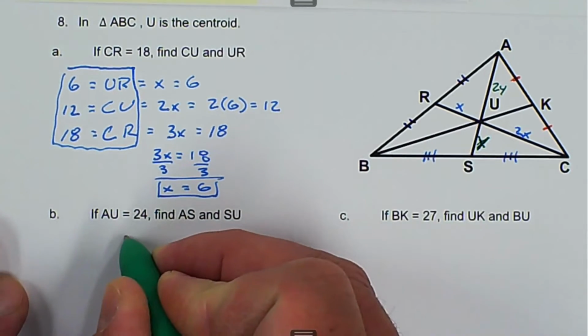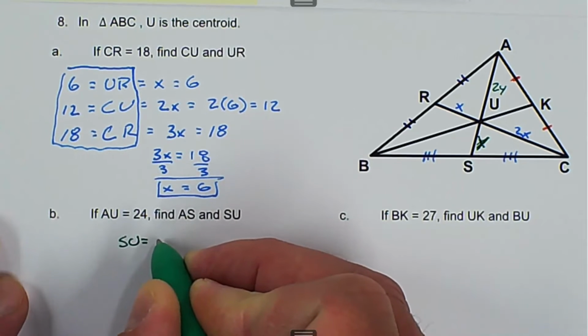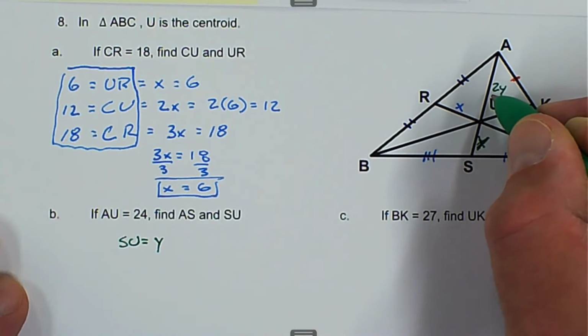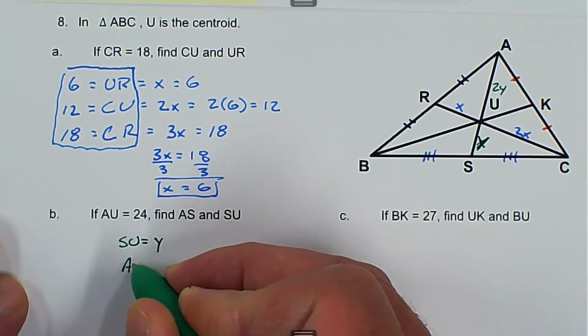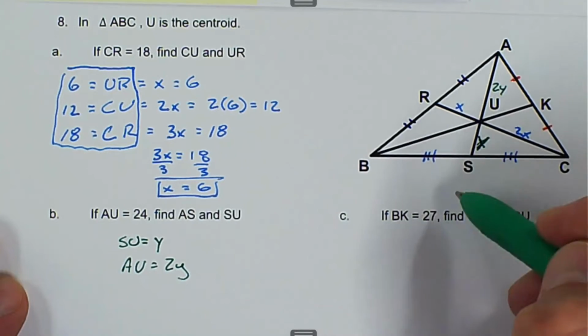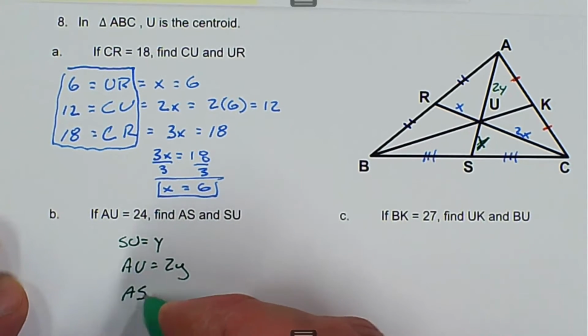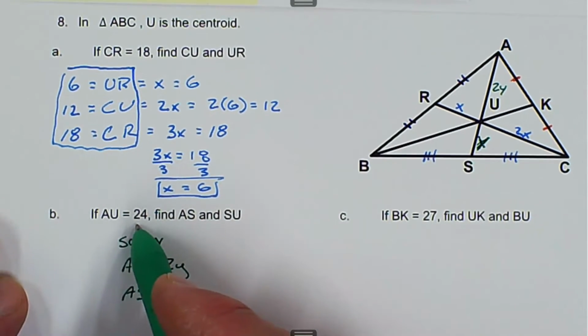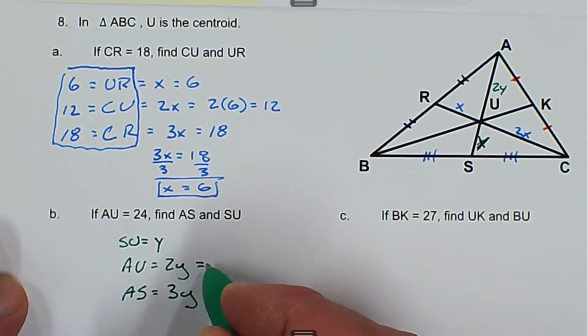Okay. So SU is equal to Y. AU is equal to 2Y. So AS is equal to these two added together, which is 3Y. The one that they give us is AU, so AU is equal to 24.